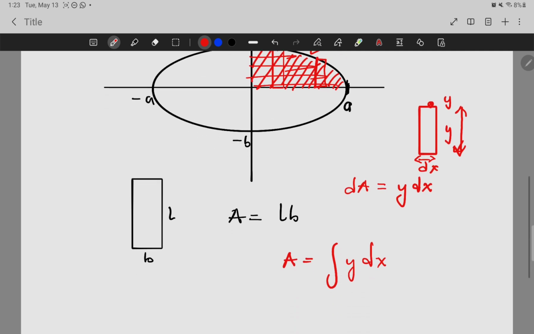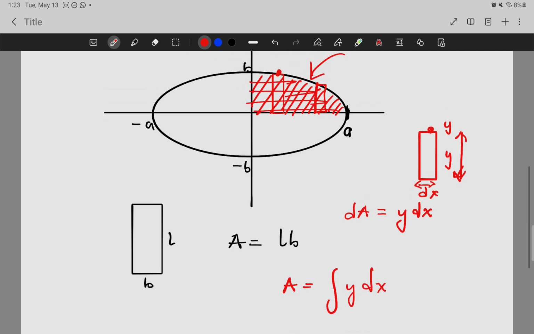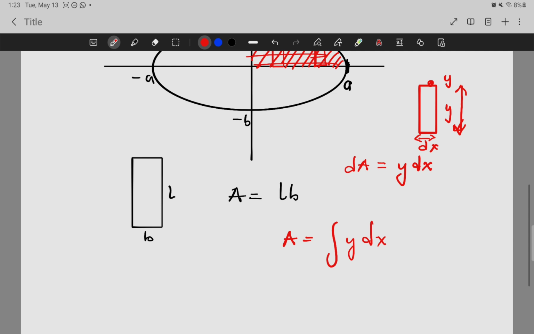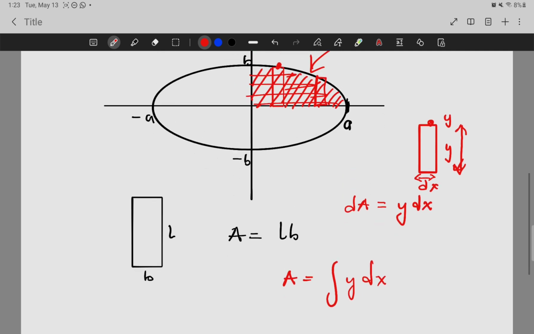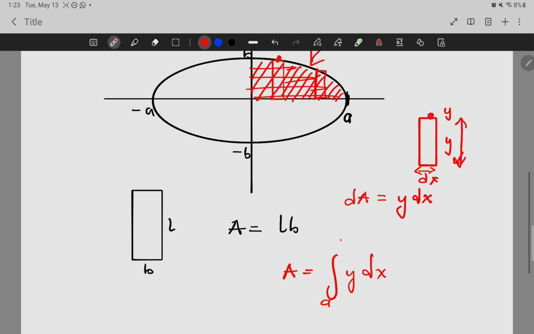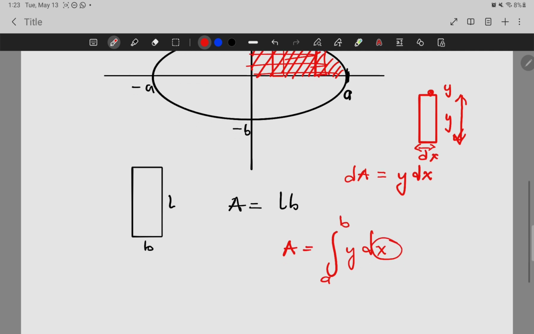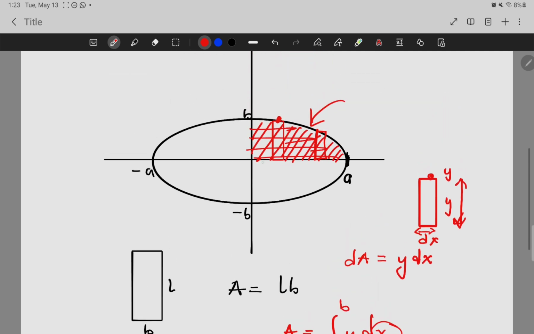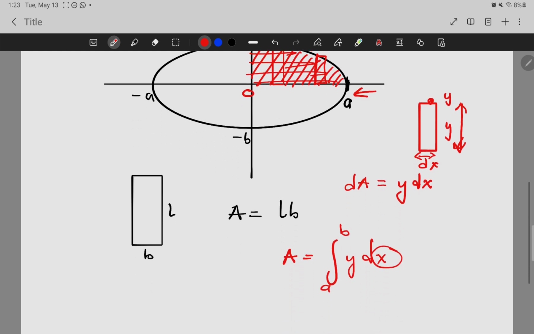So let's see how the expression for the area of that small piece will be. Since we're doing this with respect to x, the limits are values of x. As long as you have dx here, then the limits are values of x. The smallest value of x for this quarter is 0, and the maximum value of x is going to be the vertex there, which is a.